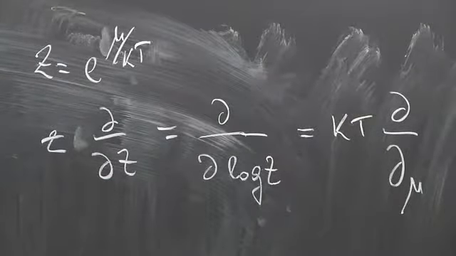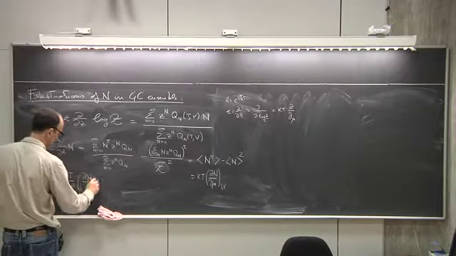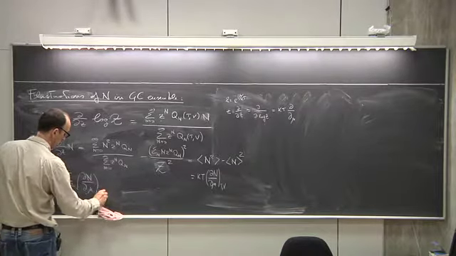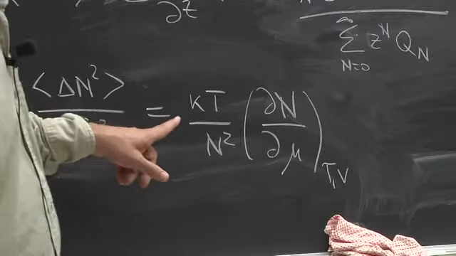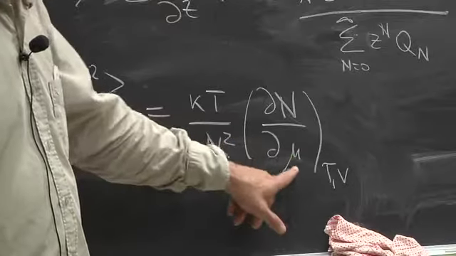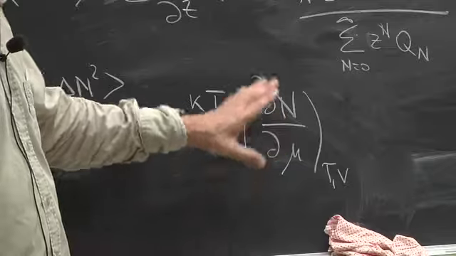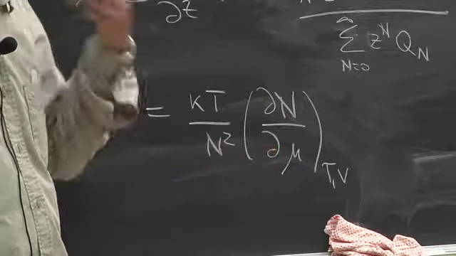So you get this relation. So the relative fluctuation can be written as, now you see, the first thing you find is that T and mu are intensive quantities, n is an extensive quantity. So this relative fluctuation will be small, will be of order 1 over n.